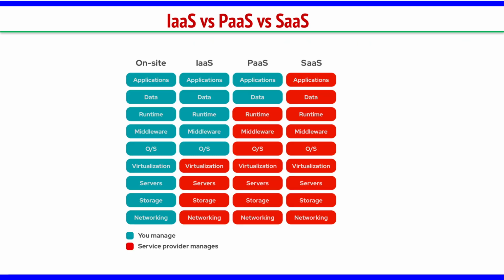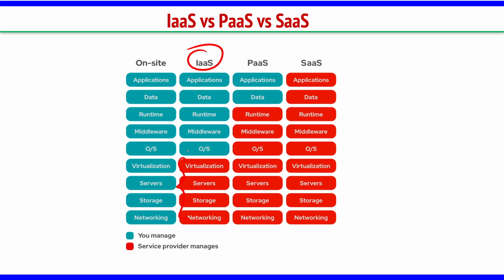If you see the holistic view of these things, on-site means somebody who is not using cloud, everything we have to take care of: networking, storage, server, virtualization, the OS, middleware, runtime, data and applications. If you see infrastructure as a service, the hardware part, that is virtualization, server, storage and networking, everything is taken care of by the provider.